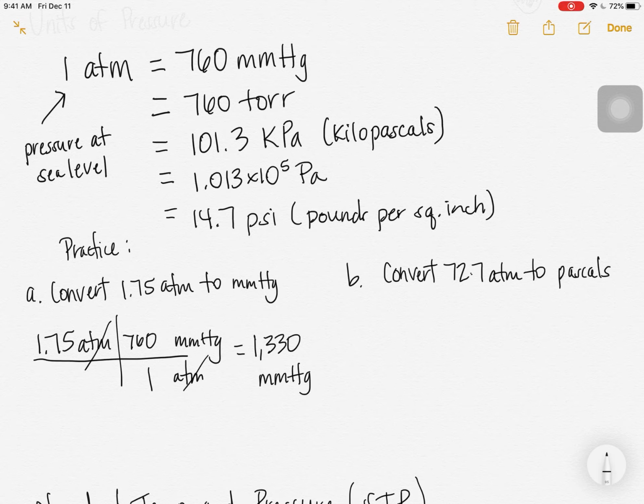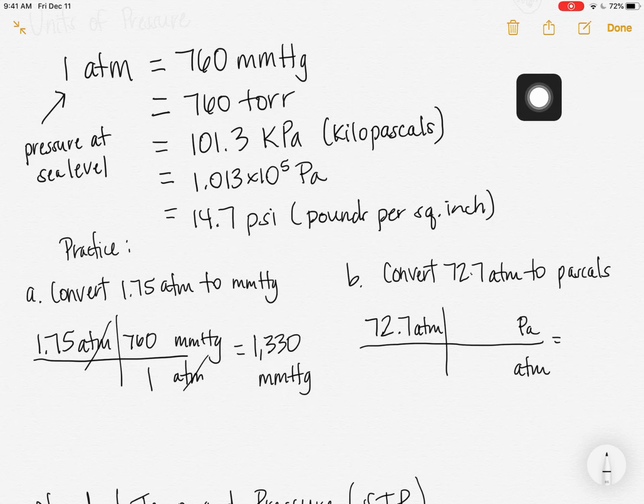And then convert 72.7 atmospheres to pascals. So up here, I know that 1 atmosphere is equal to this many pascals. So 1 atmosphere, 1.013 times 10 to the 5th.